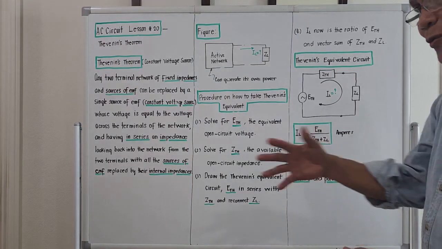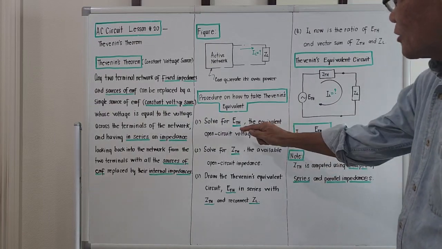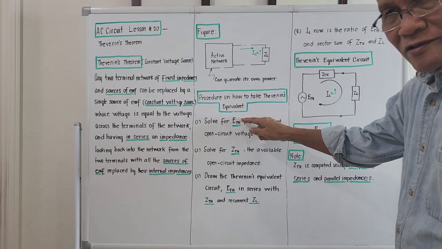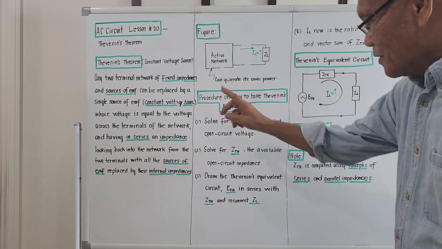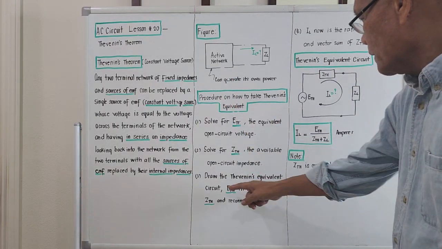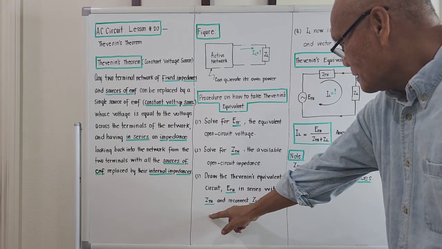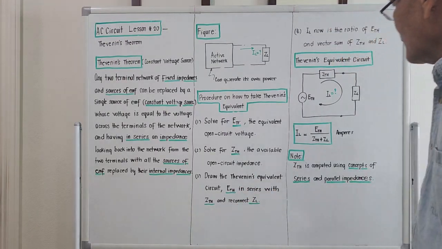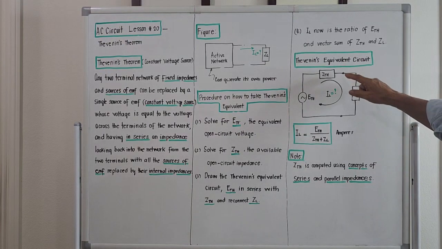Number three. So he's discovering something, right? By using the multitester, he measures ETH, then he measures ZTH. Number three, draw the Thevenin equivalent circuit of ETH in series with ZTH and reconnect ZL. It is something like this. The load is not yet connected.